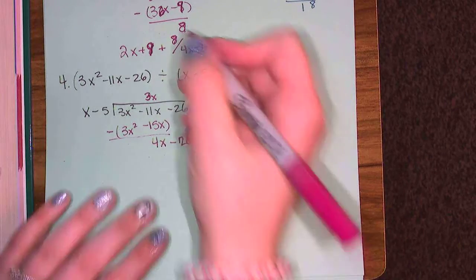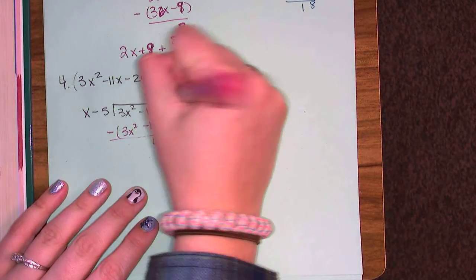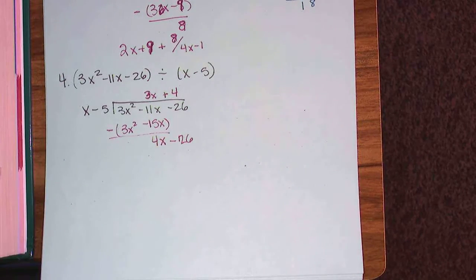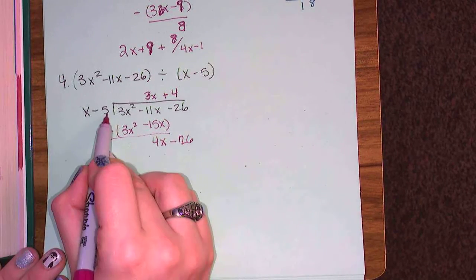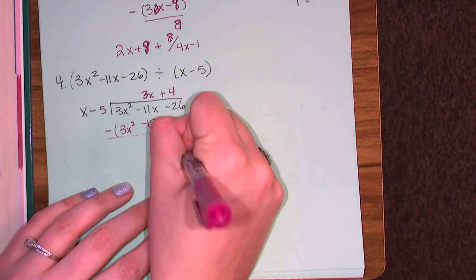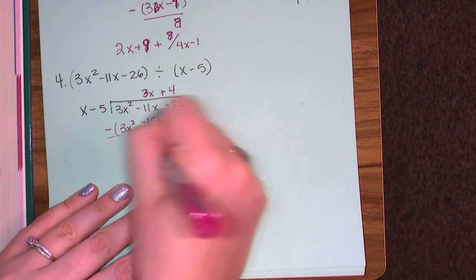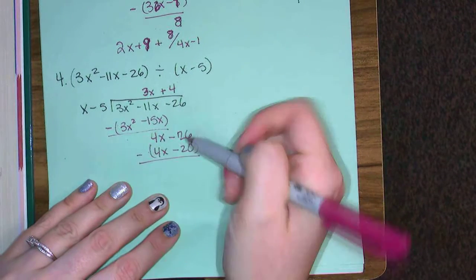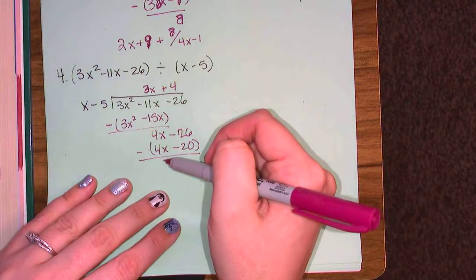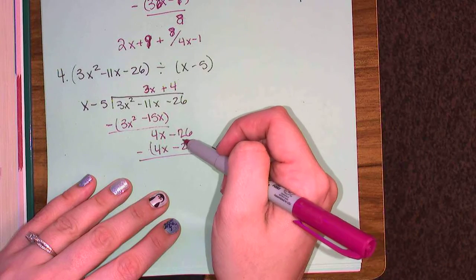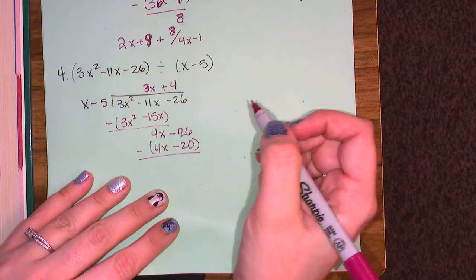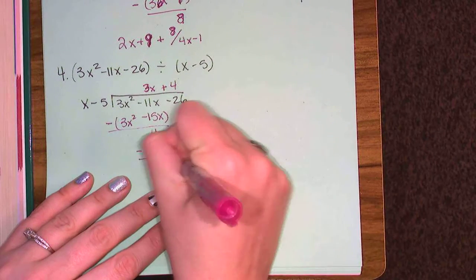Okay, so 4. So on top now I have 3x plus 4, so I'm going to multiply this 4 times the negative 5, which is negative 20. 4 times x is 4x. And I'm subtracting everything. The 4x's are going away, and then negative 26 minus a negative 20 is negative 6.